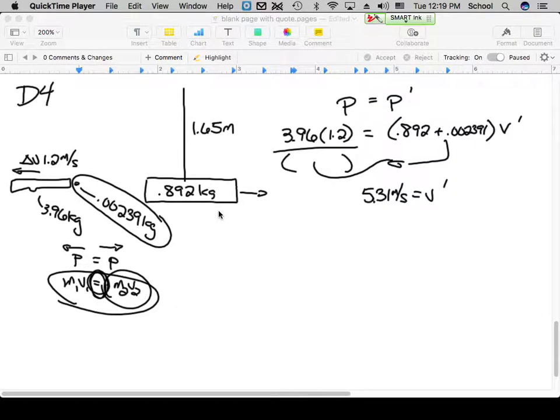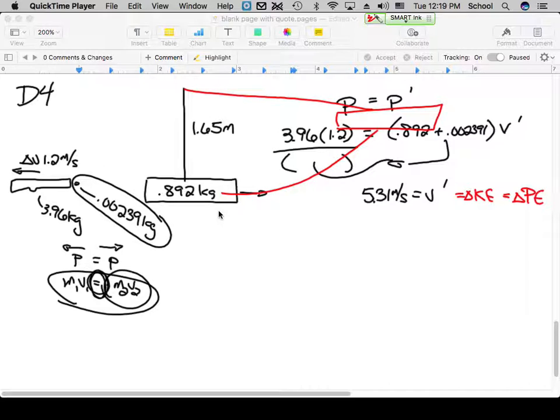Well, because it has some speed, it has some kinetic energy, and it's going to swing upward until it turns all into potential energy. Like I said, we're going to assume that it swings there and doesn't rotate, because then we'd have rotational energy to worry about, but we're trying to keep it easy. So the kinetic energy we lost is equal to the potential energy that we gained.